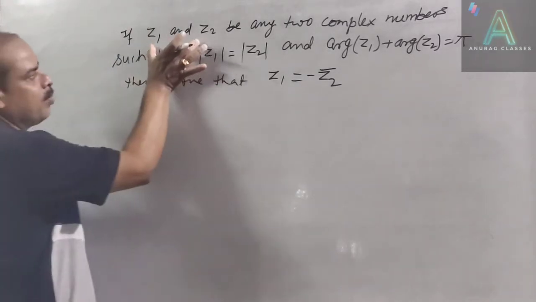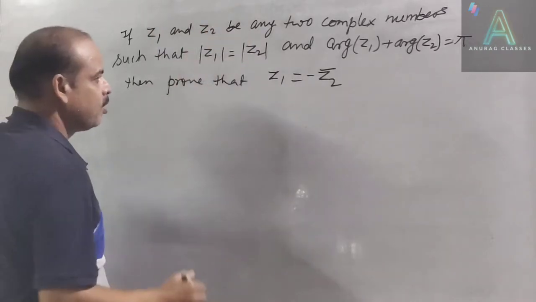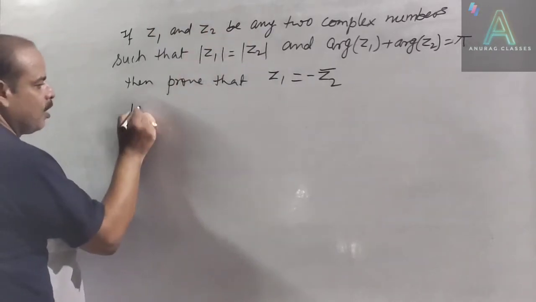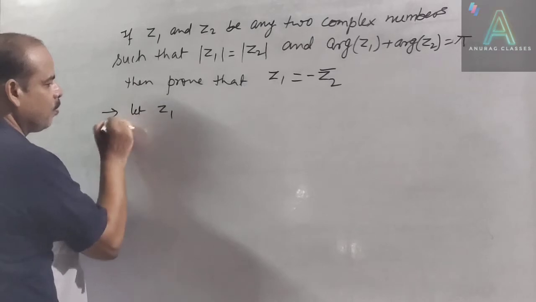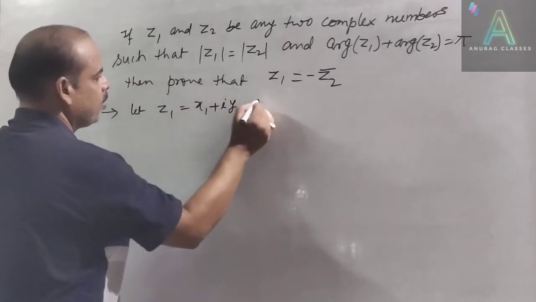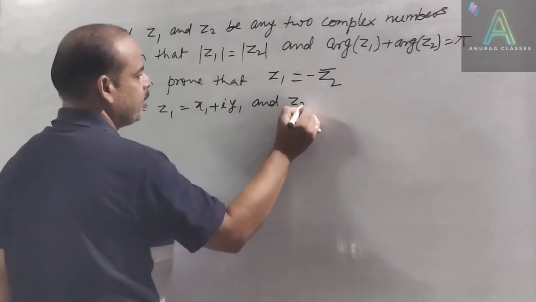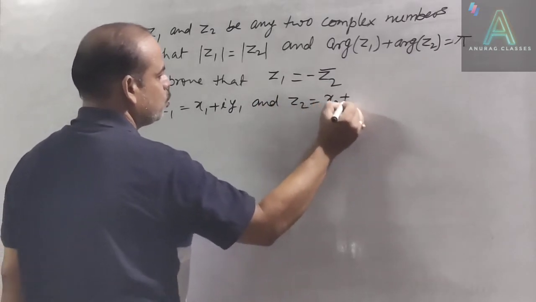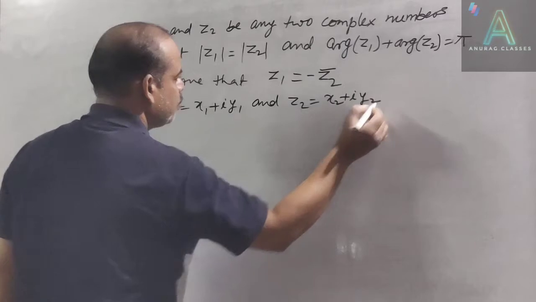So see, Z1 and Z2 are two complex numbers. So let Z1 is equal to x1 plus iota y1 and Z2 is equal to x2 plus iota y2.